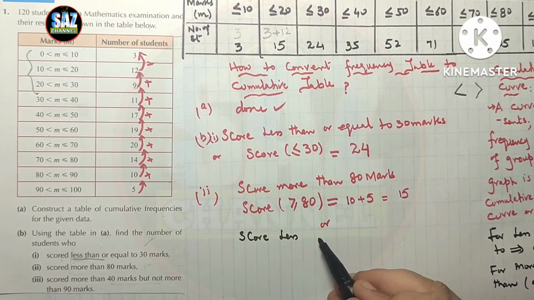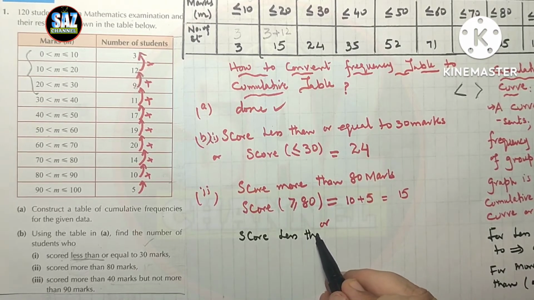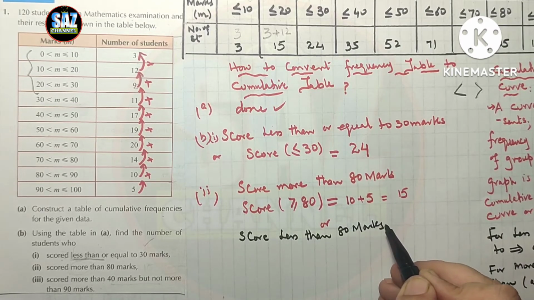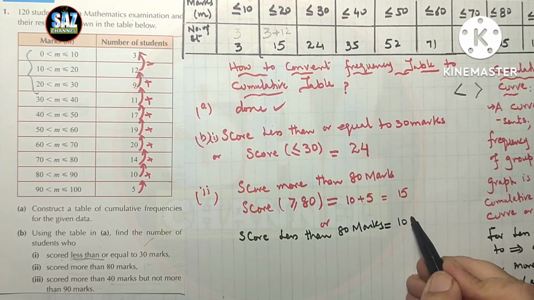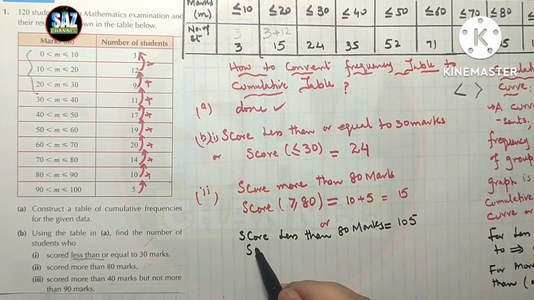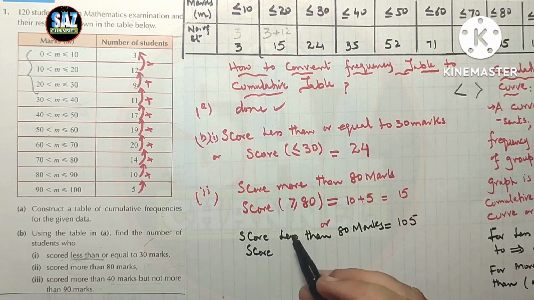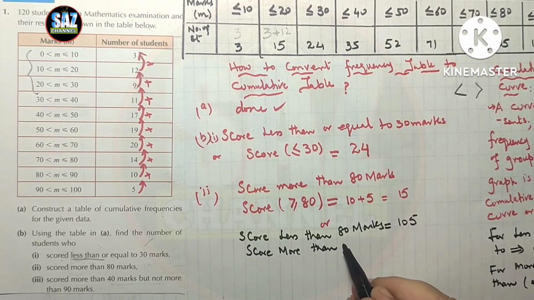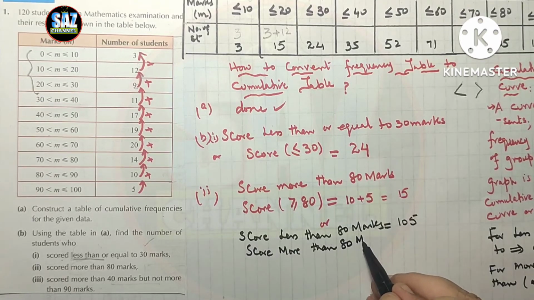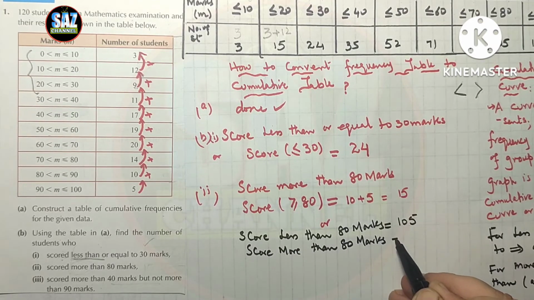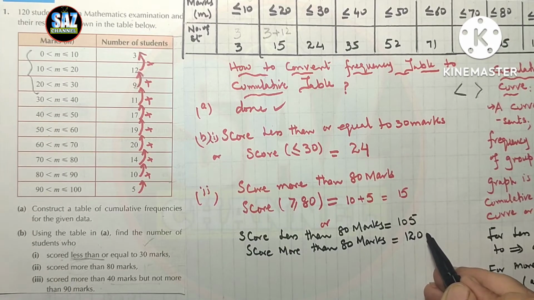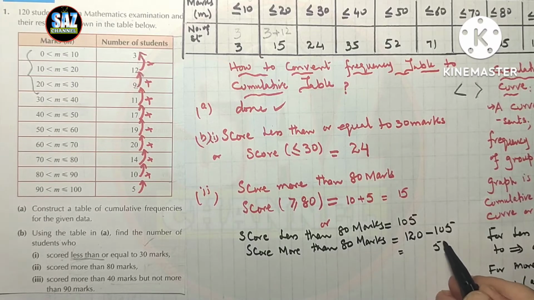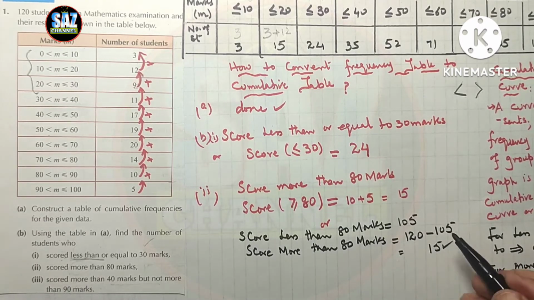So for score more than 80, at least condition, we have to take it away from the maximum of the frequency, and in any case 10 minus 5 is 5 and 1, 15.